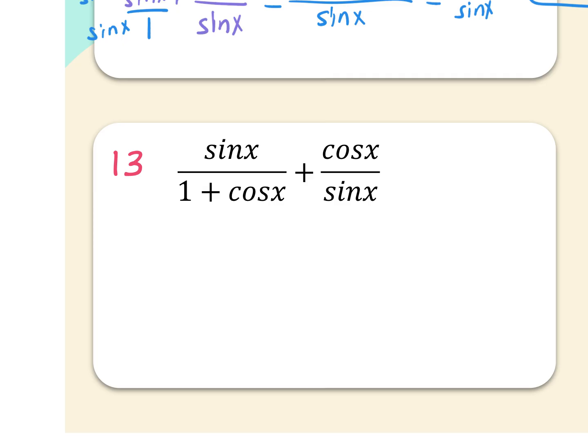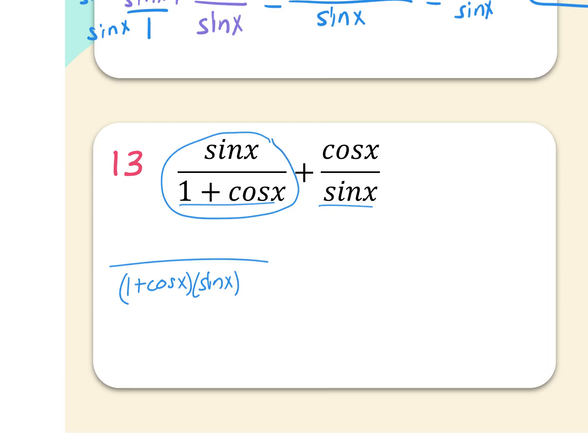So why don't we try that? Let's write everything over a 1 plus cosine of x times the sine of x. Now, the top of this one has a 1 plus cosine of x.